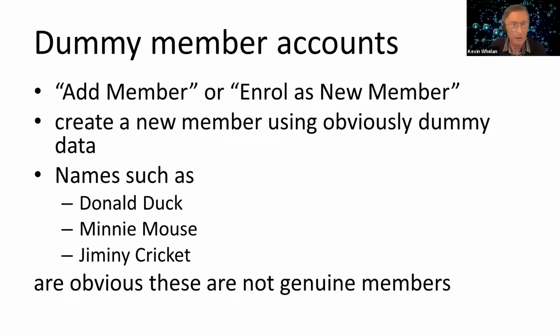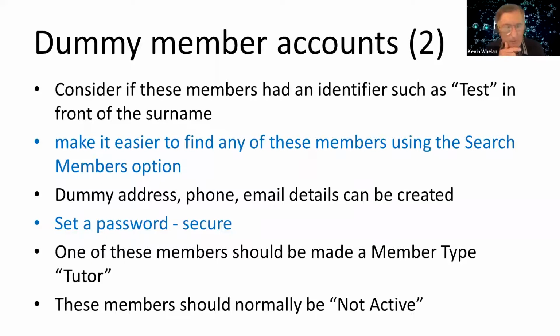Another way you can do it is that you could identify in the surname of each of these dummy members something that is unique, something like Test. So in my case, and I didn't introduce myself at the beginning, sorry about that, Kevin Whelan, for those who I haven't met.